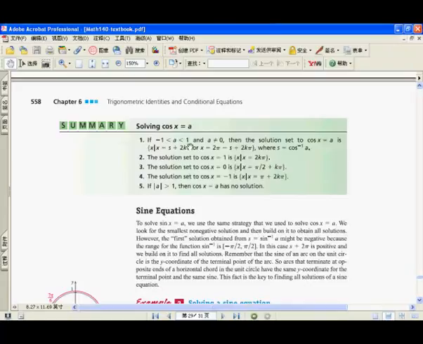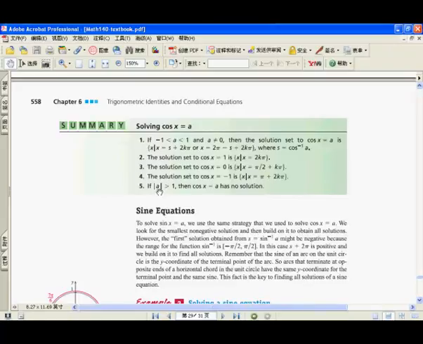We also deal with the other special cases when a is equal to 1, 0, and -1. When a is equal to 1, you have the solution x equal to 2k pi. When a is equal to 0, you have the solution x equal to half pi plus k pi. And when a is equal to -1, you have the solution x equal to pi plus 2k pi.